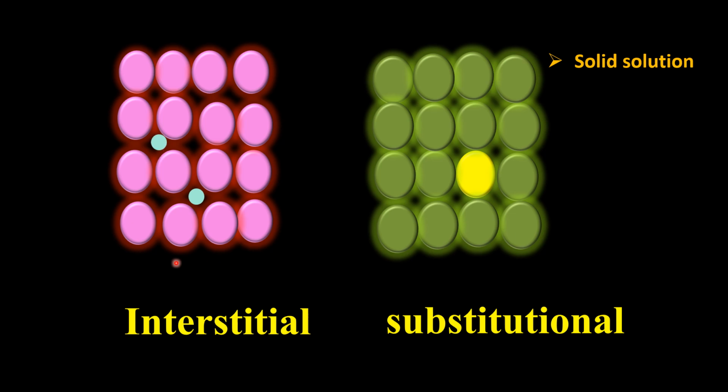Here you can see that impurity atoms go into the interstitial sites, which are normally void or vacant spaces within the crystal, that is, usually not occupied. The size of these interstitial sites is always less than the occupied site size.